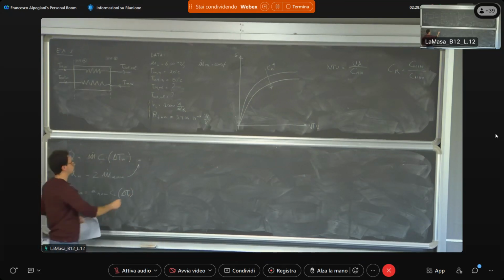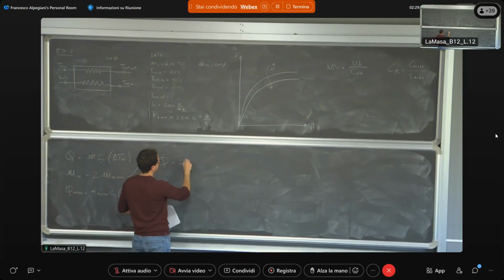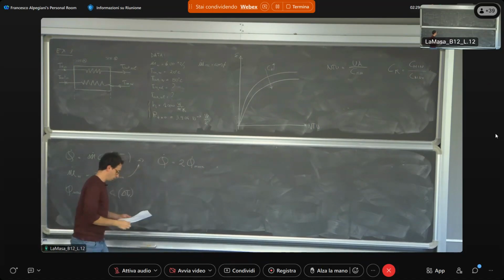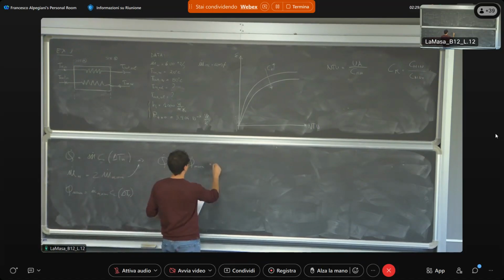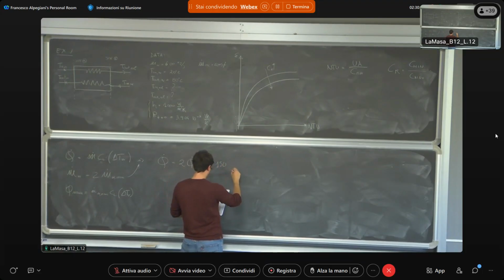So we can say for sure that Q in the off-design condition will be equal to 2 times the thermal power at nominal condition. So we can write that it is equal to 150,696 kilowatt.